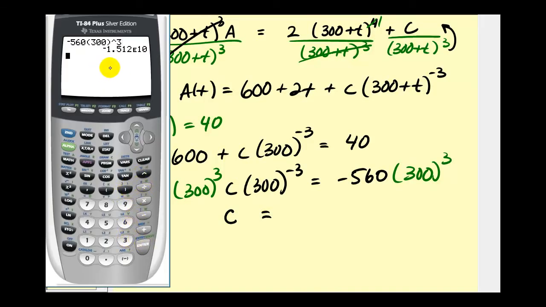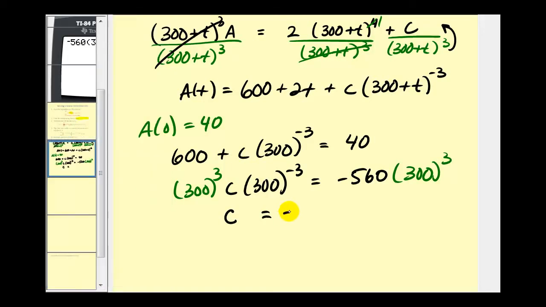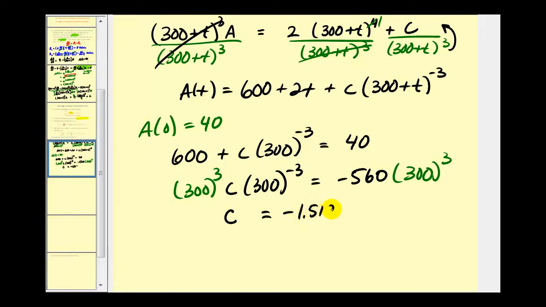We have negative 1.512 times 10 to the 10th. Using decimal notation, we'd have negative 1512. We need 7 more zeros. So we have negative 15,120,000,000 for our constant c.